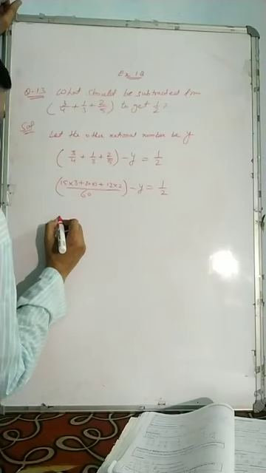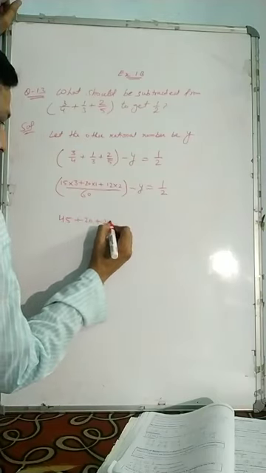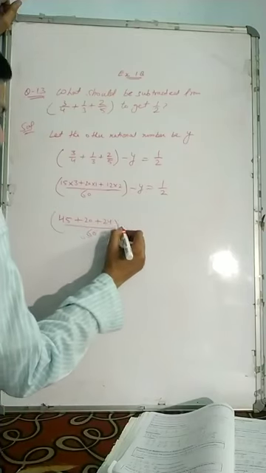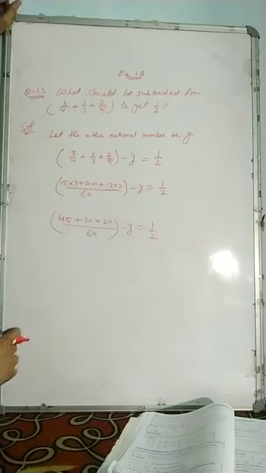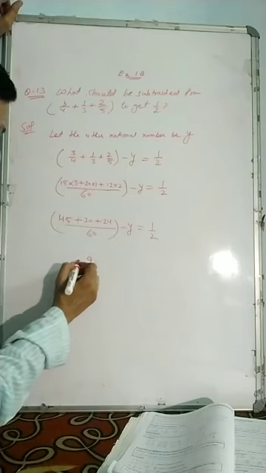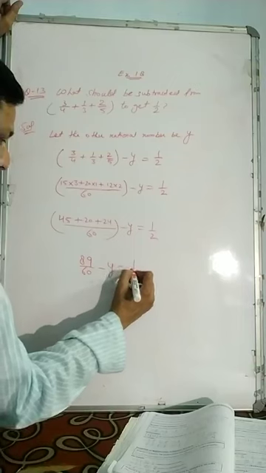Here after multiplying we get 45 plus 20 plus 24 upon 60, bracket close, minus y equals 1 upon 2. And after adding, here we get 89 upon 60 minus y equals 1 upon 2.